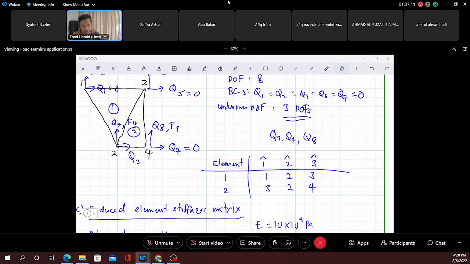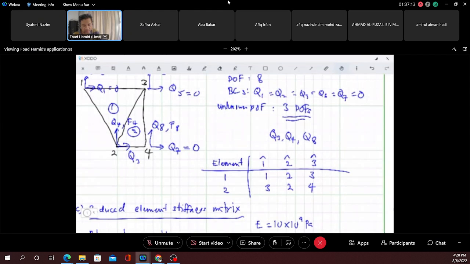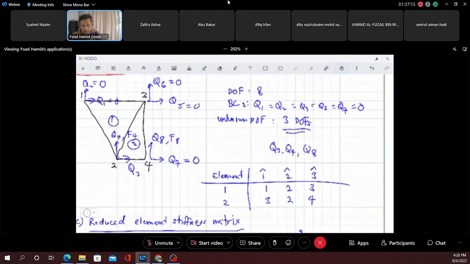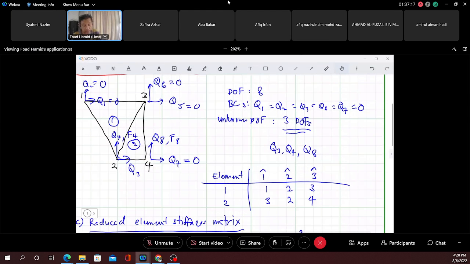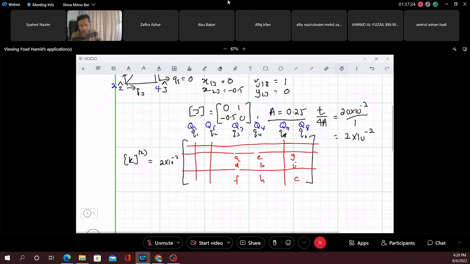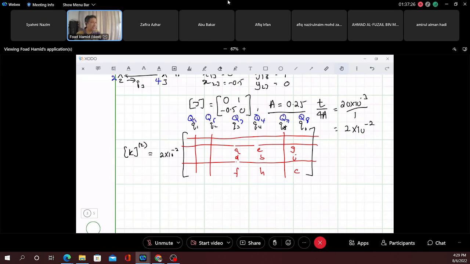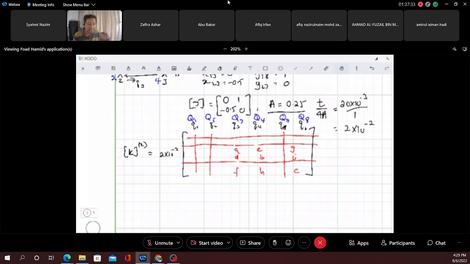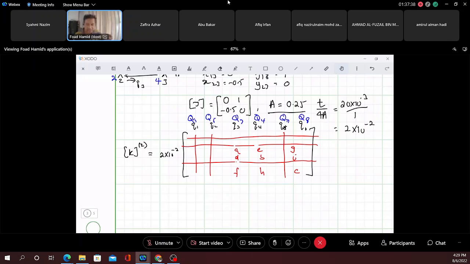So note that 5 and 6 are for node number 1 of the local element number 2. So this is just mapping. I think the procedure is simple, but keeping track is not as simple as you thought. So if you're not familiar with this, I suggest that you practice with this, because if not, then you might get confused and you might not be able to finish this during the test.